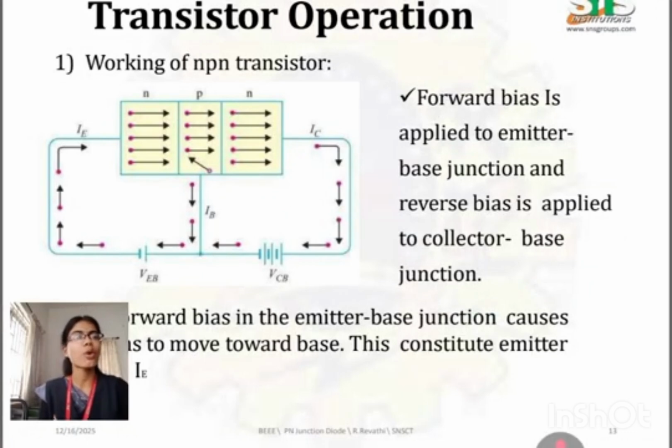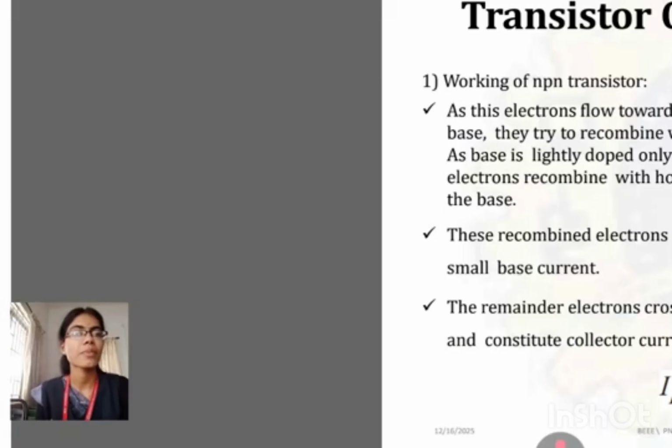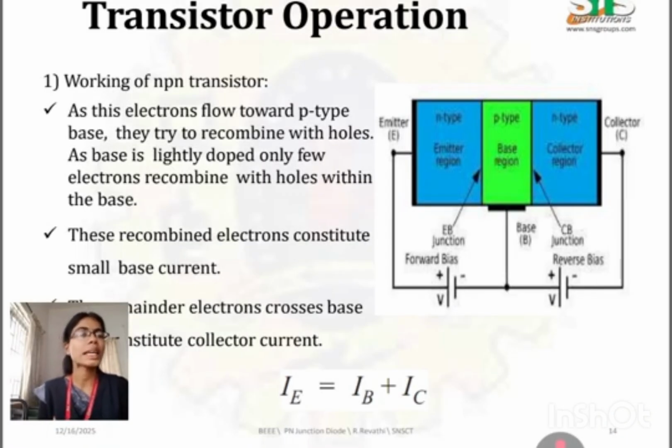This is the flow of charges in the NPN transistor as discussed in the circuit diagram. The emitter base junction causes the diode to be forward biased toward the base. In the working, the recombination of electrons constitutes a small base current, whereas electrons that cross the base constitute the collector current. When electrons flow toward the P-type base, they try to recombine with holes.